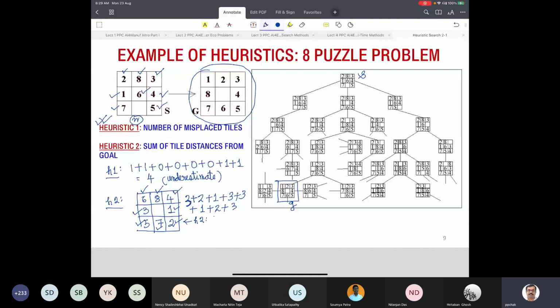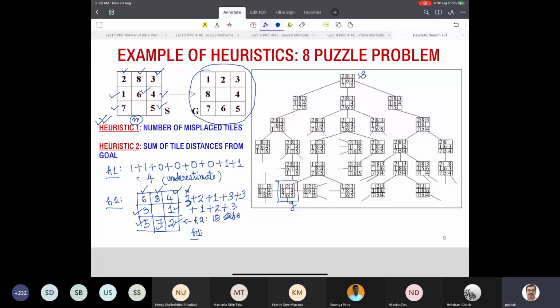Everybody is okay with it now? Yes, sir. So how much is H2 in total? 18 steps. How much would H1 be for the same problem? Five, sir.